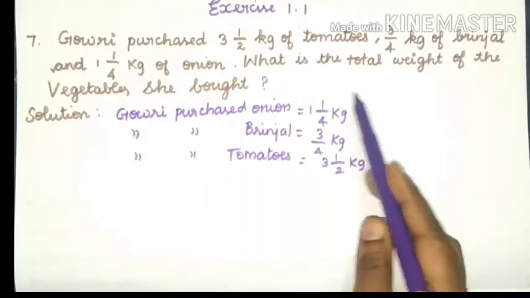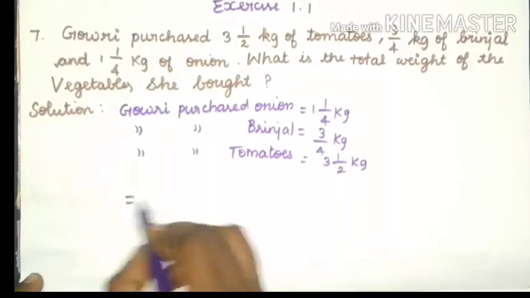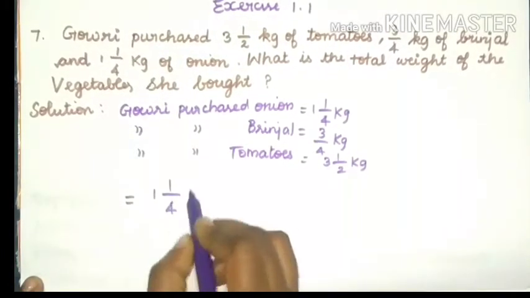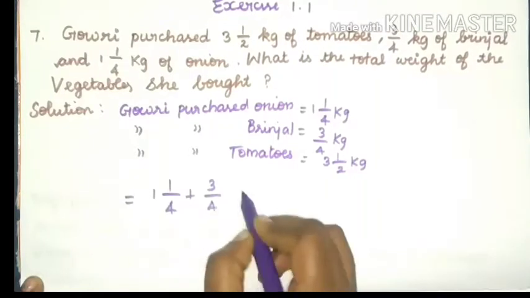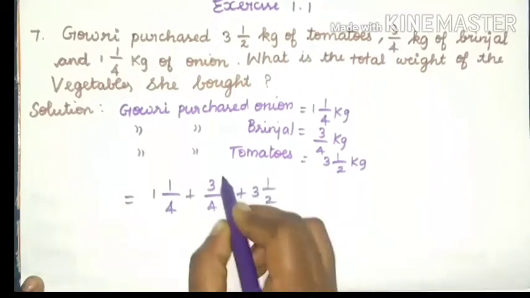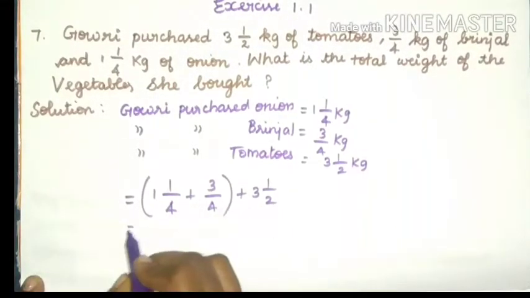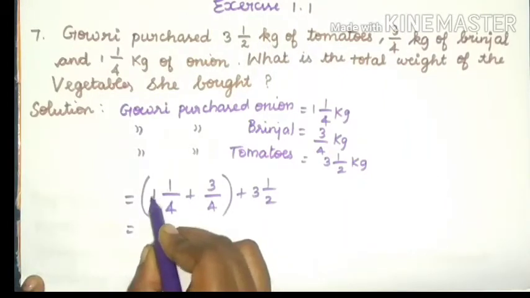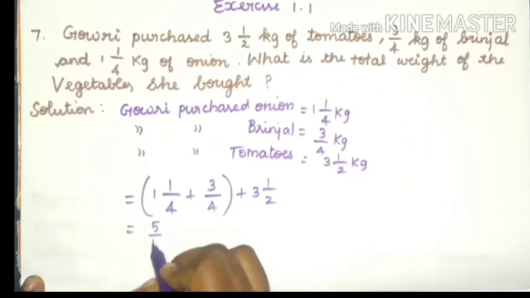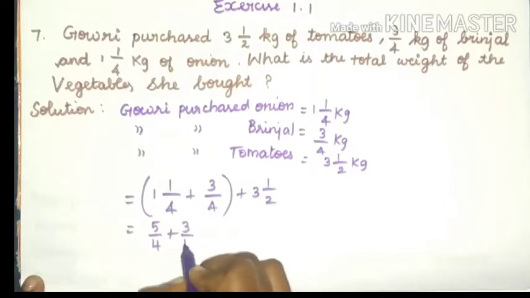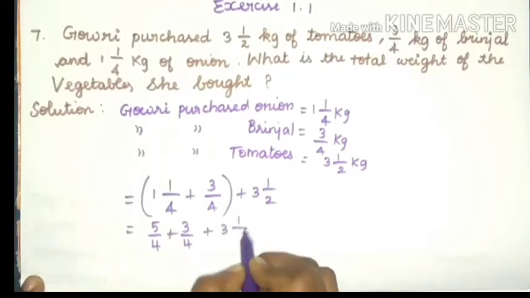First you have to add these two numbers. See, 1 by 4 plus 3 by 4 plus 3 1 by 2. First you take these two numbers. 4 ones are 4, 4 plus 1 is 5 by 4 plus 3 by 4 plus 3 1 by 2.